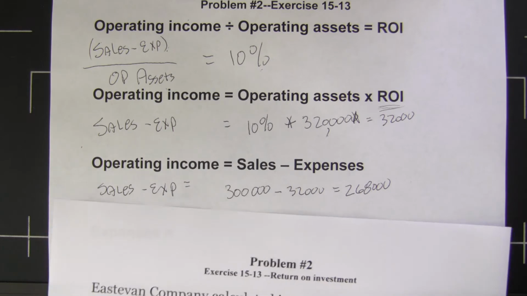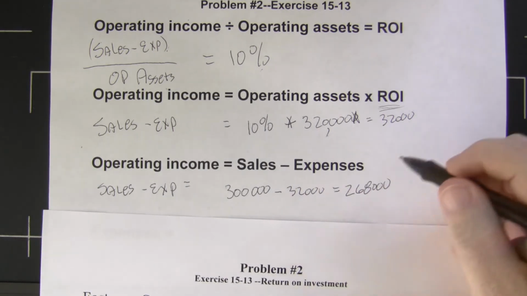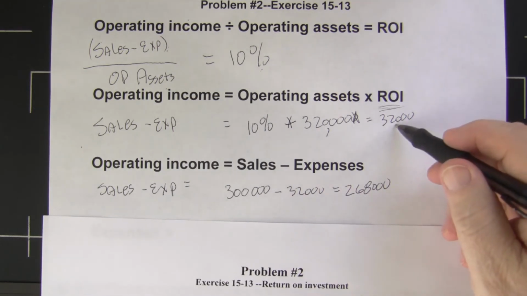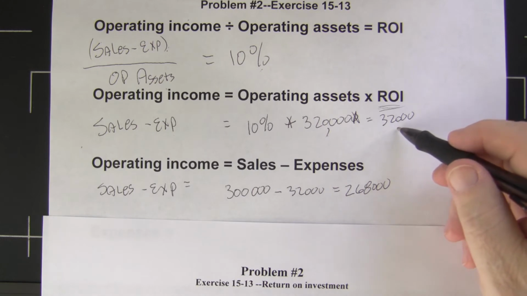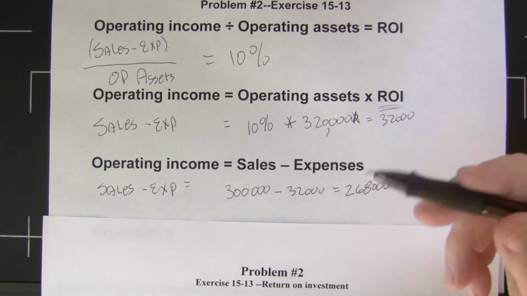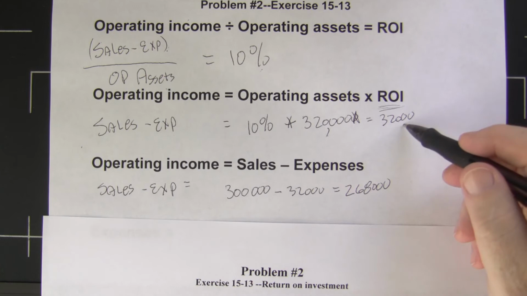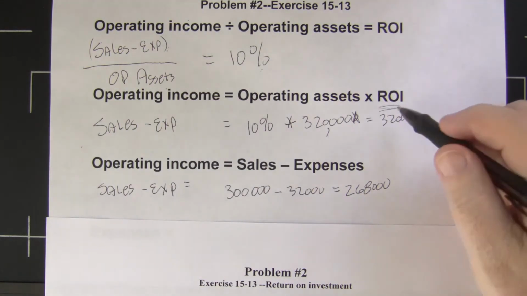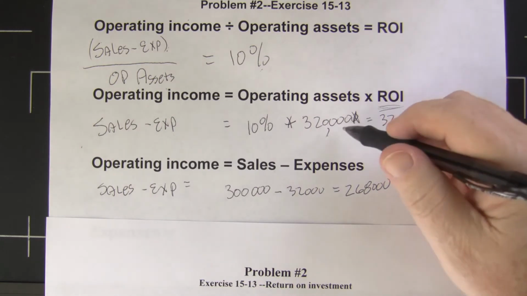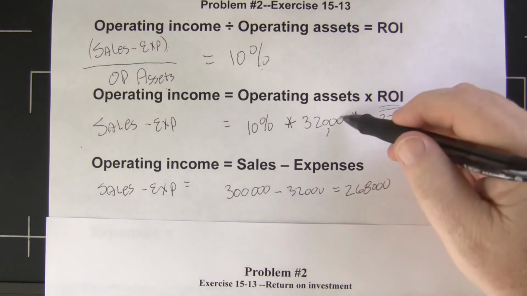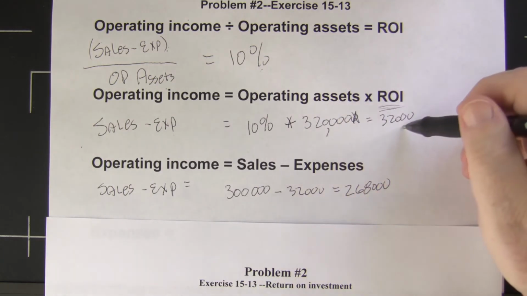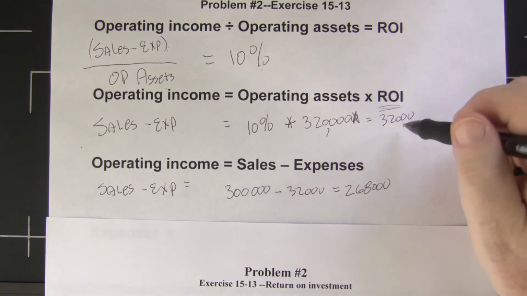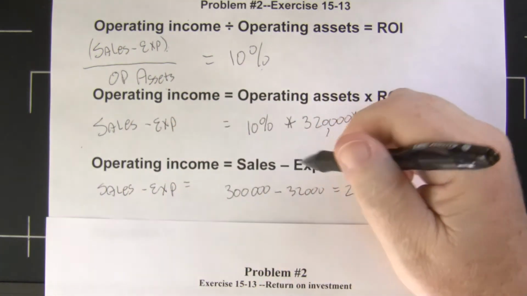Okay? And the $32,000, by the way, was the operating income. So we subtract that from sales, and that gives us the expenses. 10% of the operating assets gives us the operating income. Operating income is sales minus expense.